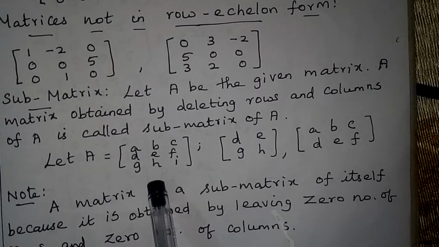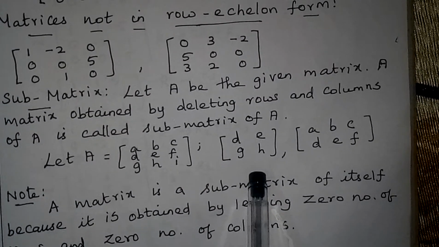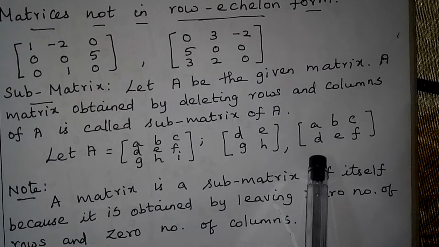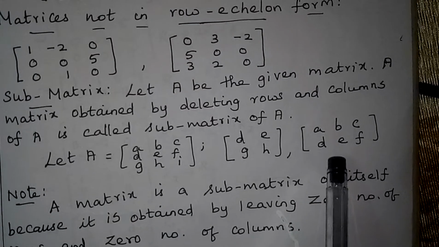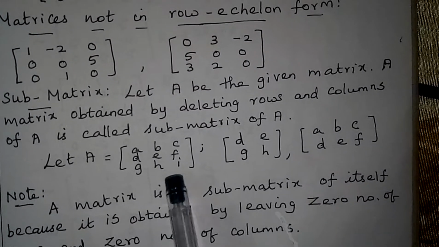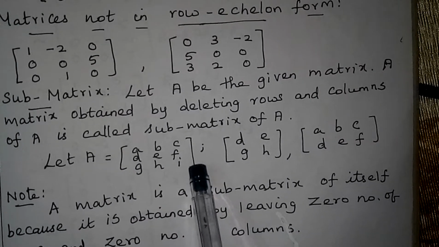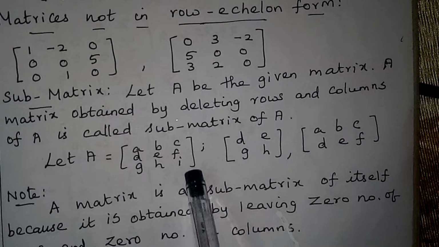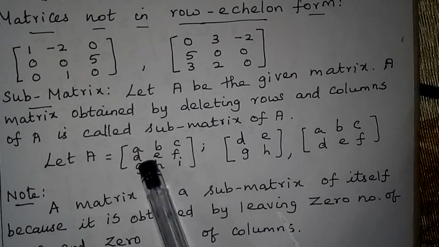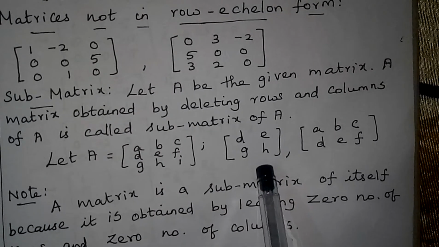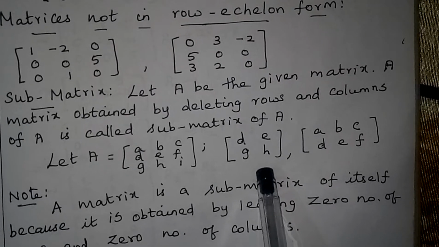So this is a square submatrix, this is a square submatrix. But this is not a square submatrix, the number of rows and columns are not equal here, isn't it? So the determinant of a square submatrix is the minor. So the determinant of this matrix as well as the determinant of this matrix, you can take as minors of the given matrix.